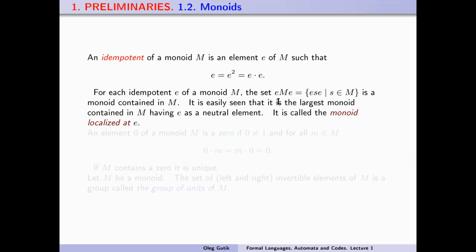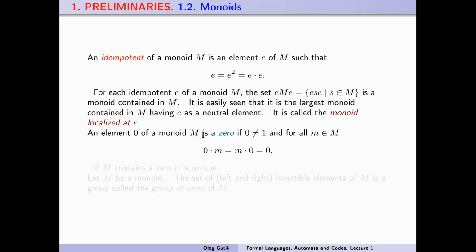So in this case, when M is a monoid and e is an idempotent of M, the subset eMe with the induced operation from M is called the monoid localized at the idempotent e.